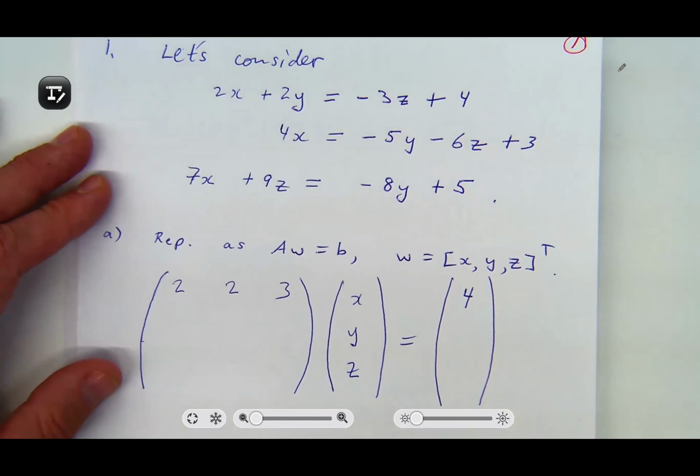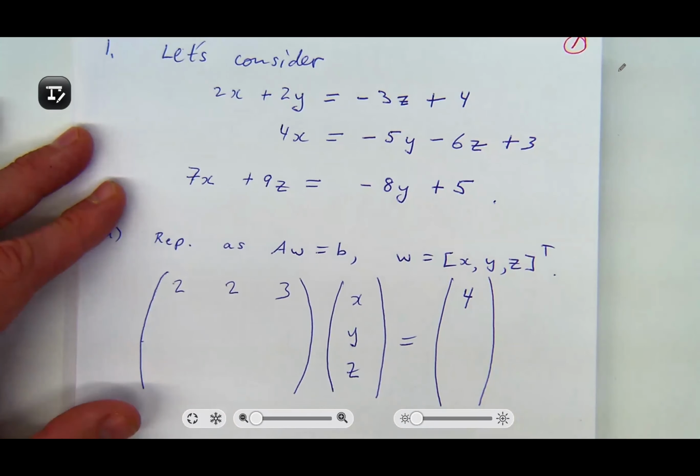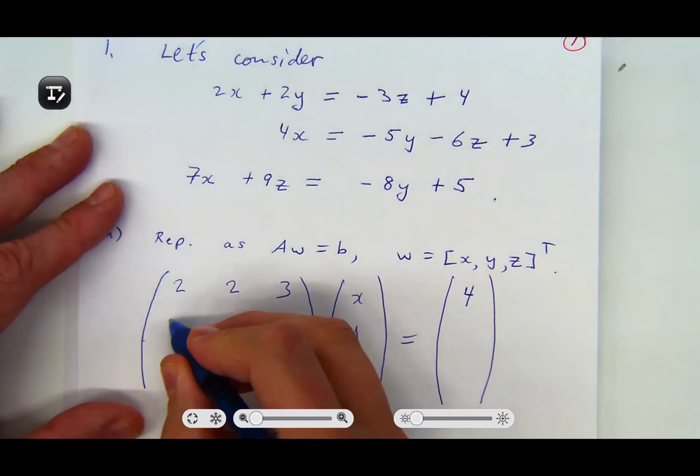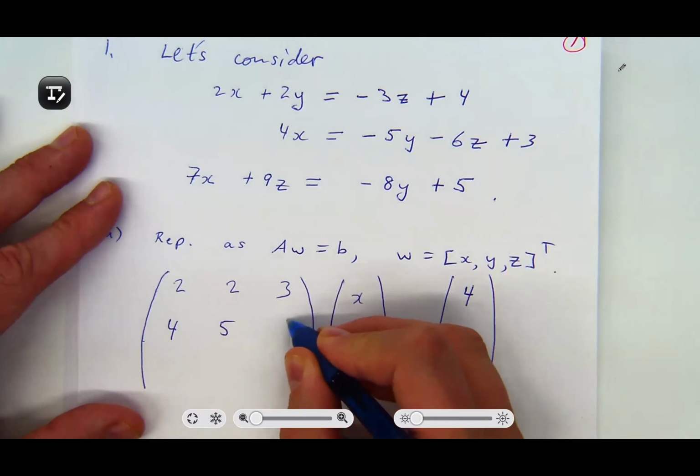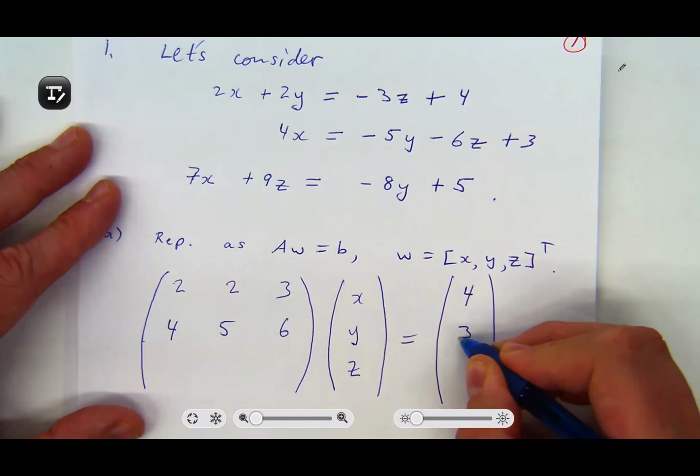Okay, next I have 4x, but I want to see that as 4x plus 5y plus 6z equals 3. Okay, so 4, 5, 6, and then over here I have a 3.